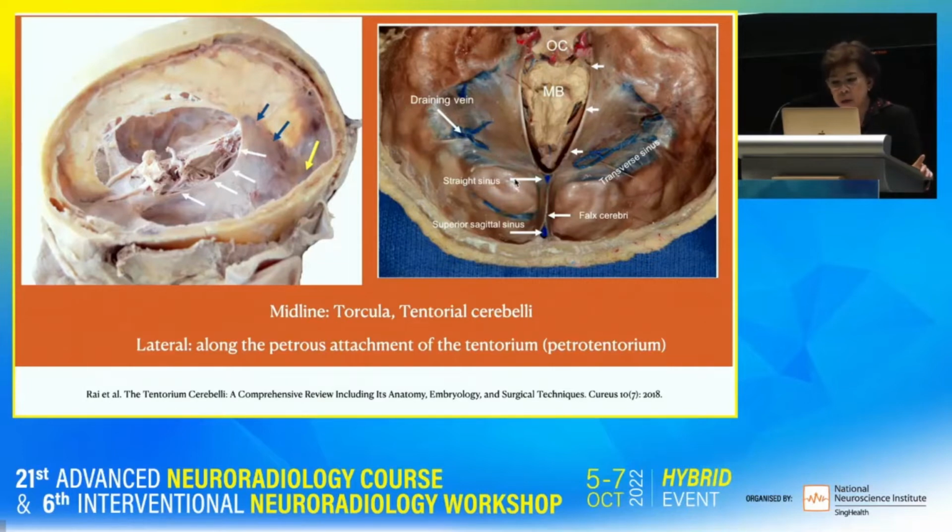The midline location usually receives drainage from the torcular or tentorium cerebelli, and on the lateral is the fixed point of the tentorium cerebelli to the petrous area. If the shunt occurs around here, we call it the lateral location, and the other is the free edge of the tentorium.